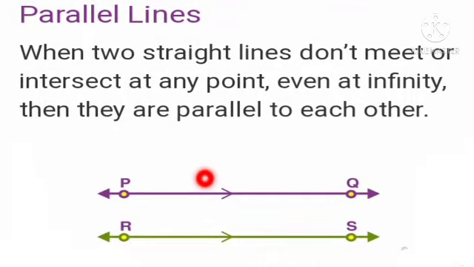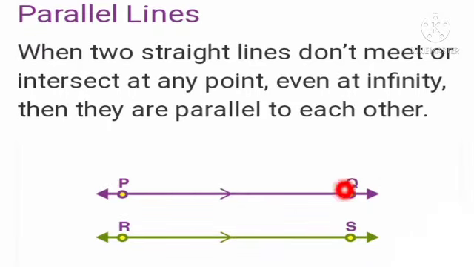Parallel lines. When two straight lines do not meet or intersect at any point, even at infinity, then they are parallel to each other and they are called parallel lines. Here the lines PQ and RS are parallel lines.